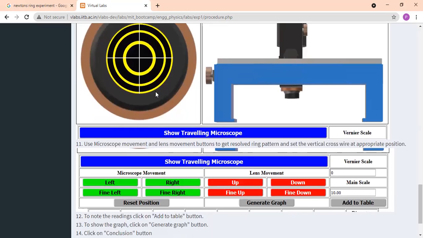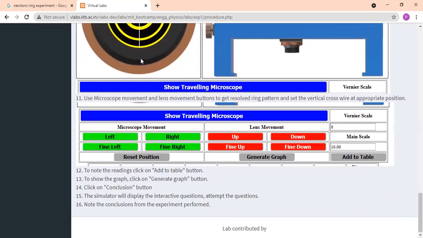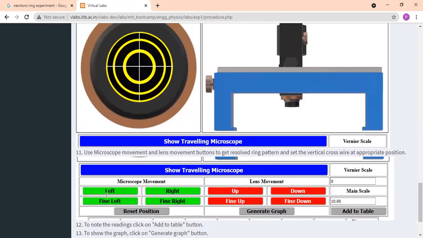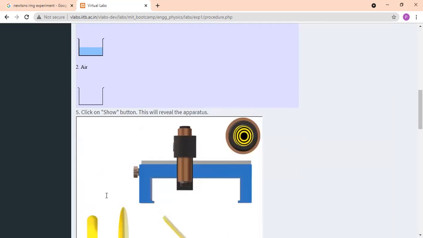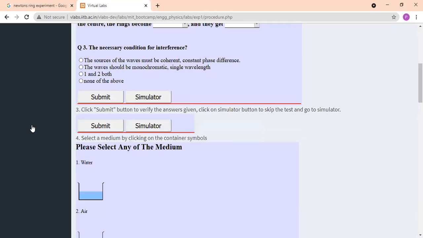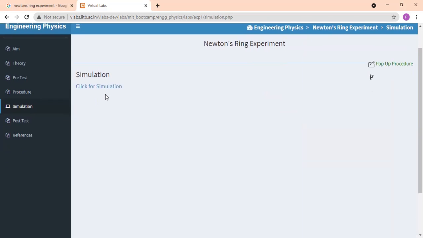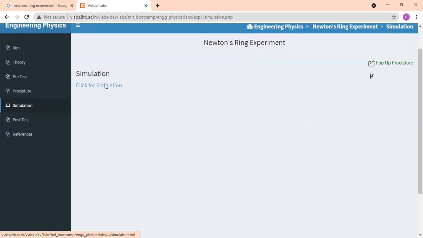So it will also give you the reading. Okay. It will be fun. Just follow all these steps, and so this will give you the simulator. So this is the procedure for the simulator, and in this simulation you can click for the simulation.